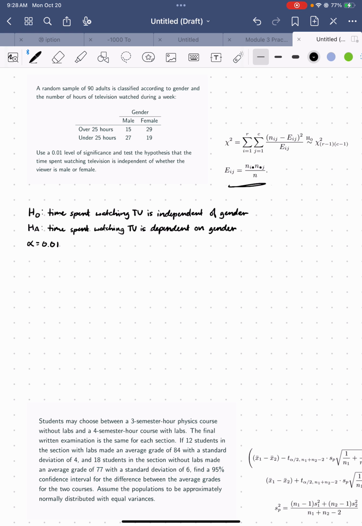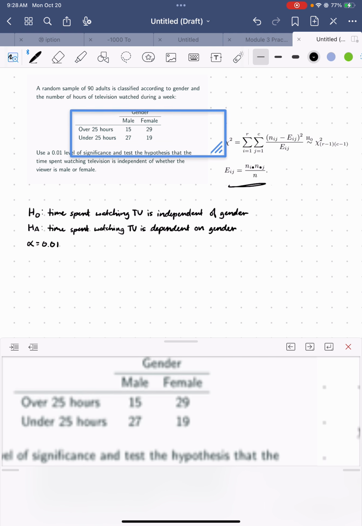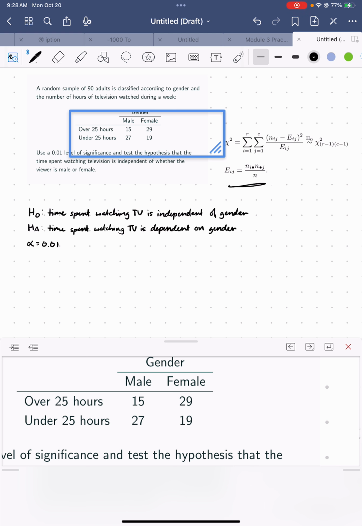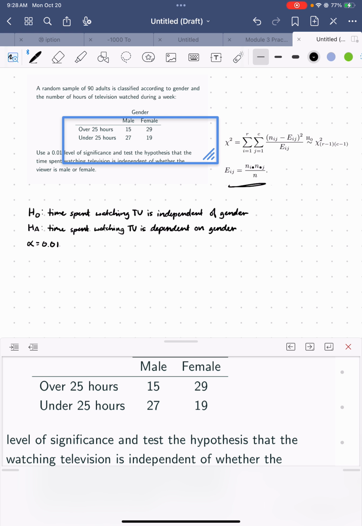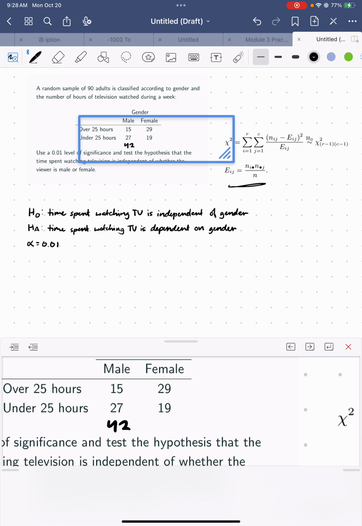So first let's write out our counts for the rows. So we have 15 plus 27. So this means our row here will be 42 for our total counts. And then we have 29 plus 19. So that's 48. And then we have 15 plus 29, and that's 44.